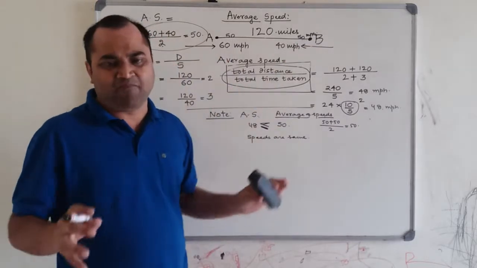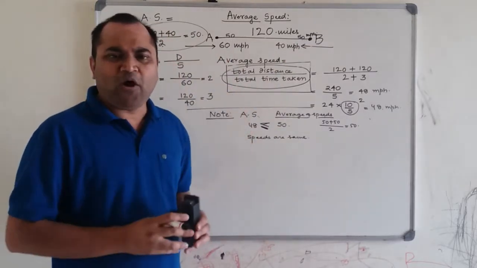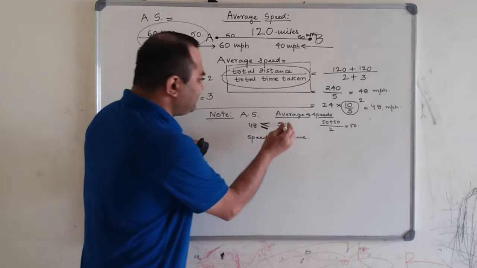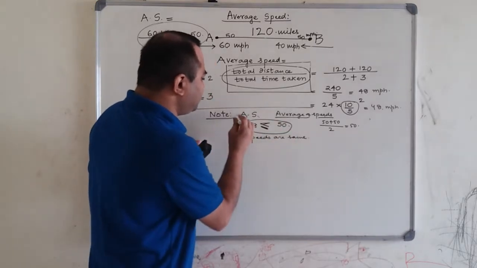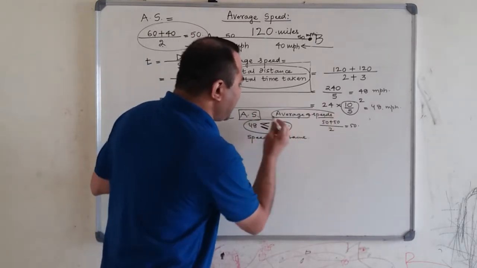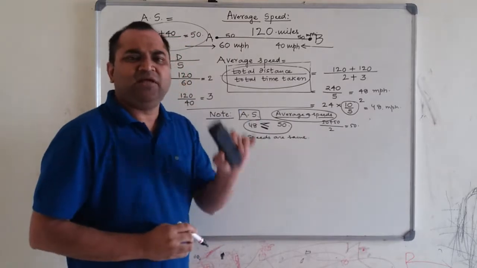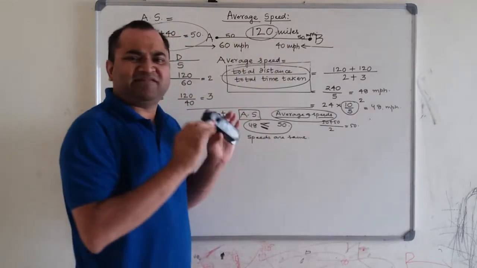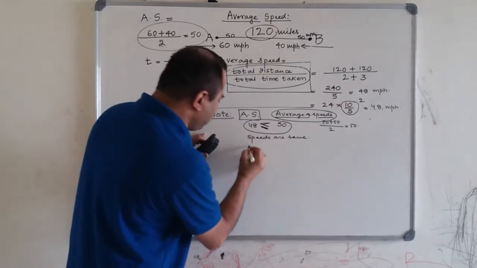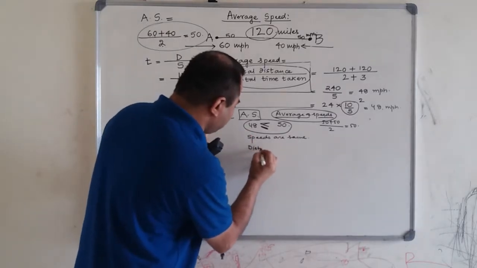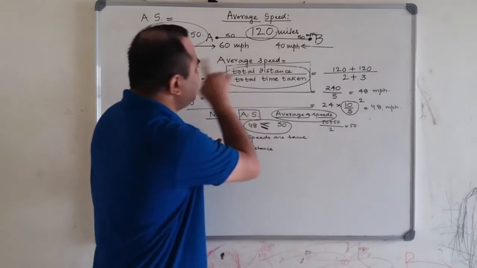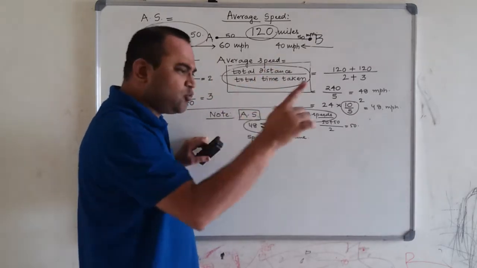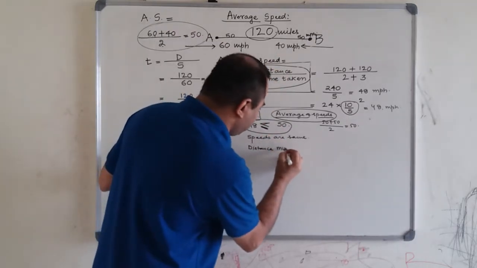Another point that you should remember is this relationship between average speed and average of the speeds will be applicable only when the distance travelled is the same to and fro. Remember, distance travelled by the moving body between the two places A and B to and fro must be the same.